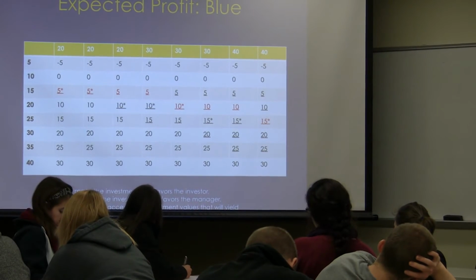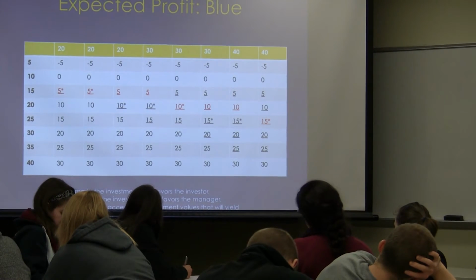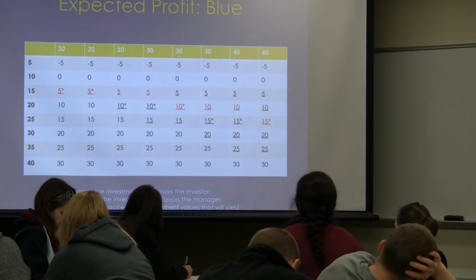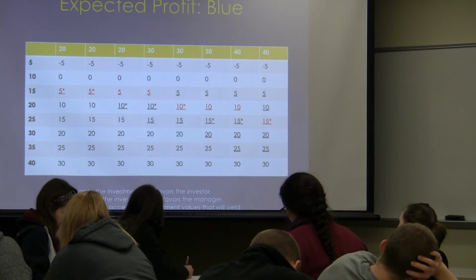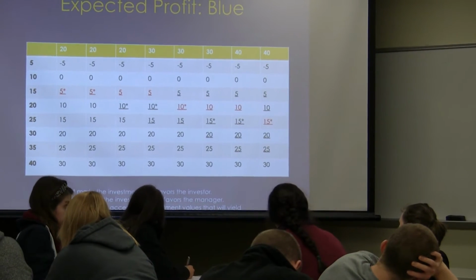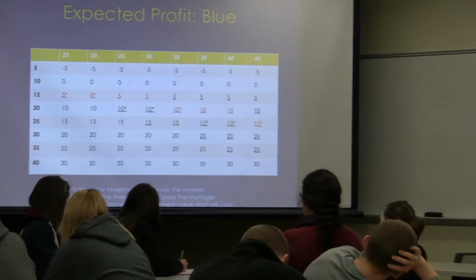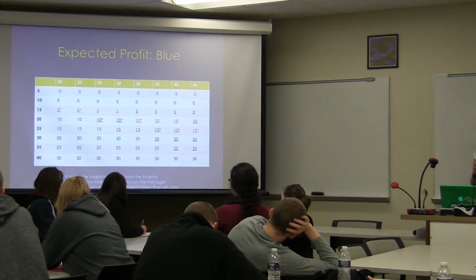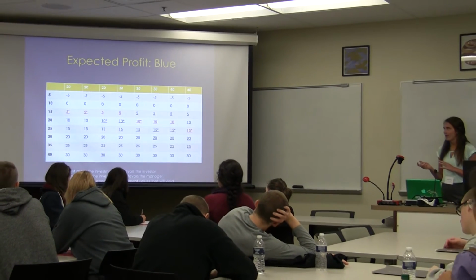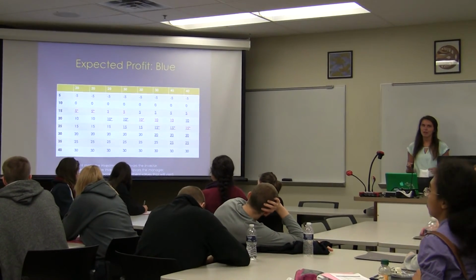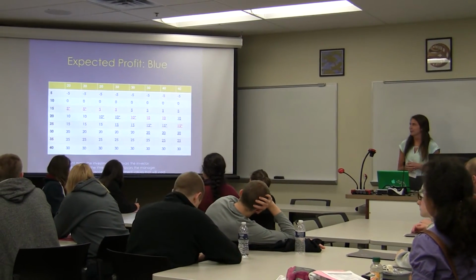And then the same placements are highlighted or have an asterisk next to them as in the ROI tables. So you can see which offers the manager will make money on and how much profit they will have based on what the investor finds favorable.